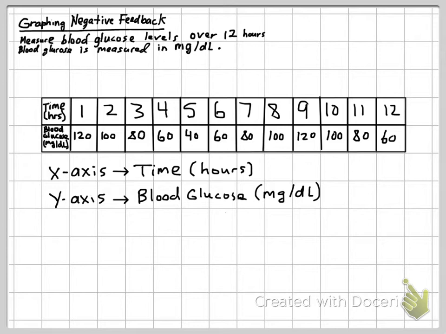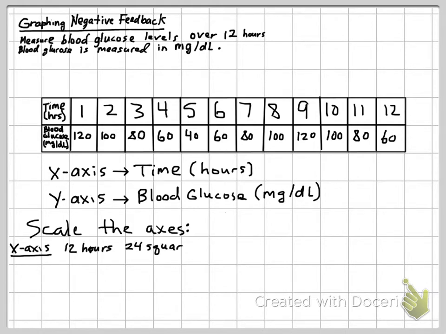Then the next thing we need to do is figure out how to scale our axes, so that every box up an axis has the same value. For time, the maximum is 12 hours, and we're going to have a grid that's 24 squares going across.